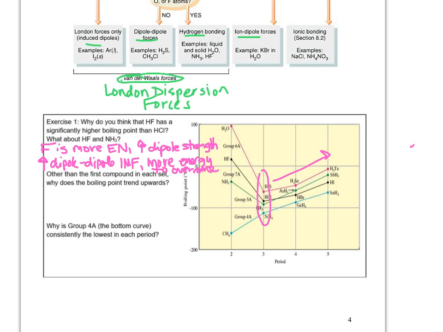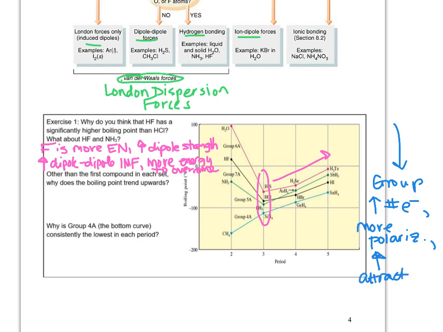So it doesn't matter what it is. What happens as we see distance or size, right? We know that as we go down the group, we're increasing the number of electrons, right? So therefore, it's more polarizable. So therefore, we have increased attractions.